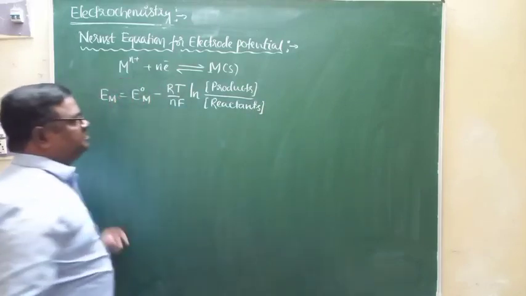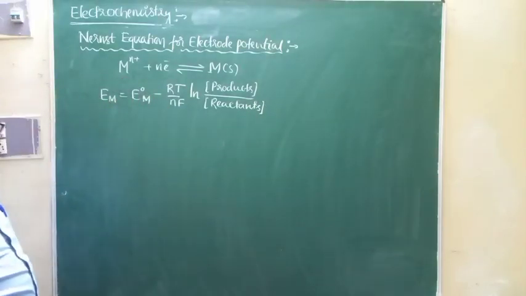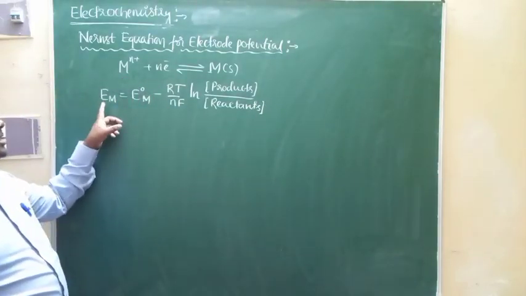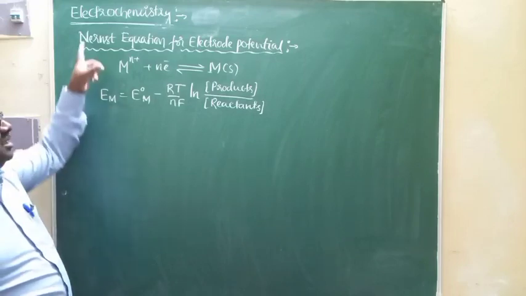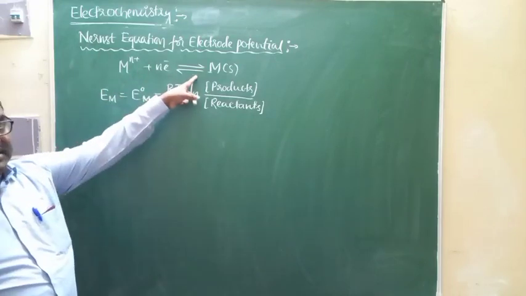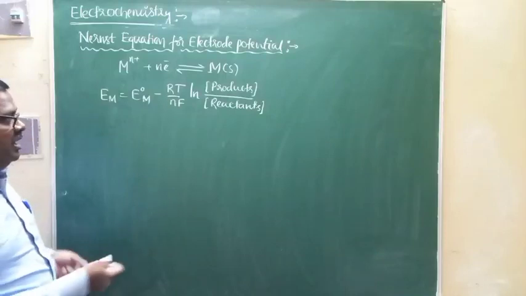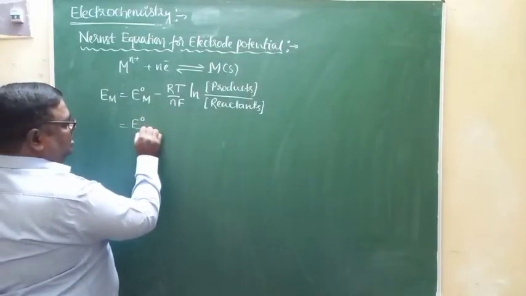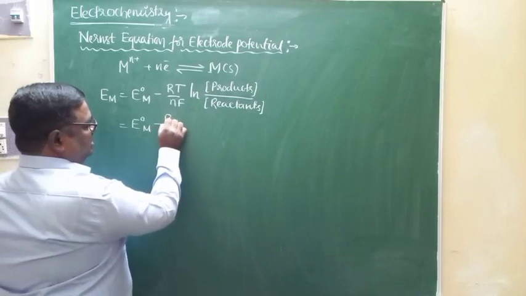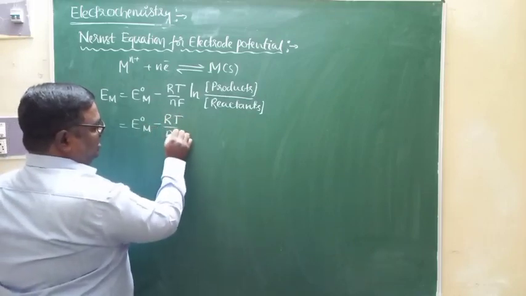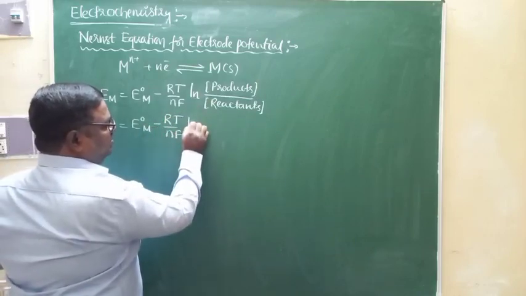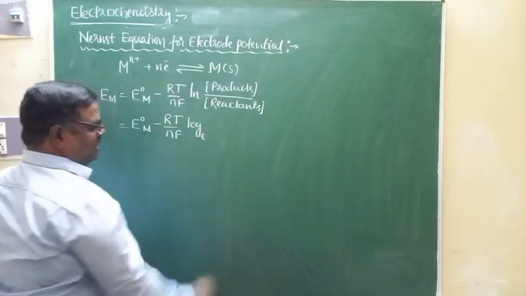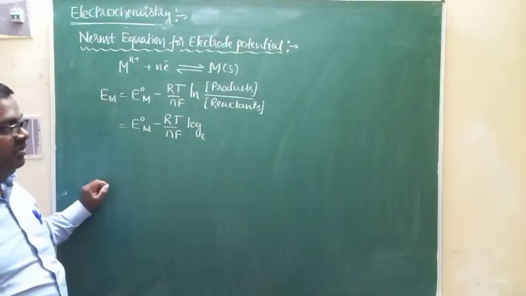Look at this. This is the general expression for electrode potential, that is the Nernst equation for this particular reduction reaction. And therefore, I can rewrite this equation as E naught M minus RT divided by nF. ln can be replaced by log to the base e.